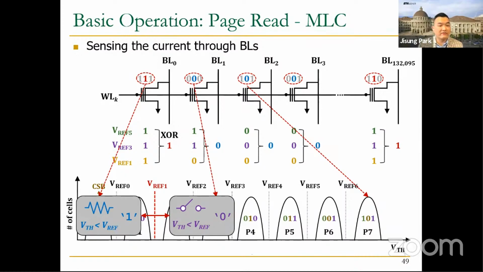Here, the 3-bit XOR results in 1 if there is an odd number of ones and 0 otherwise, right? And we can see the final XOR result of the sensed data is the same as the stored data.